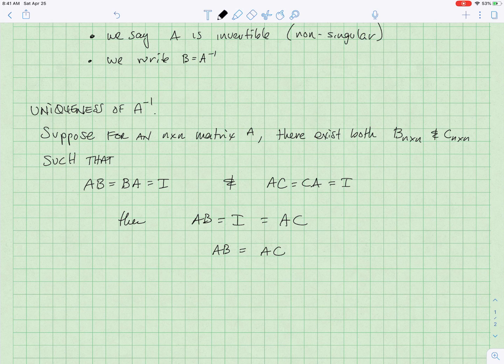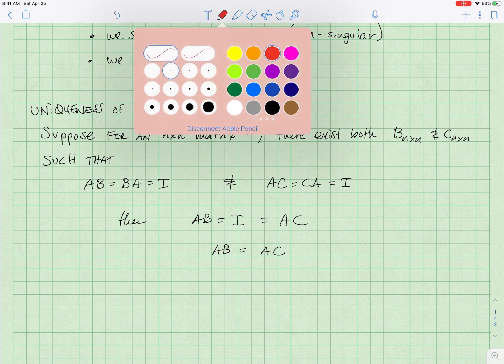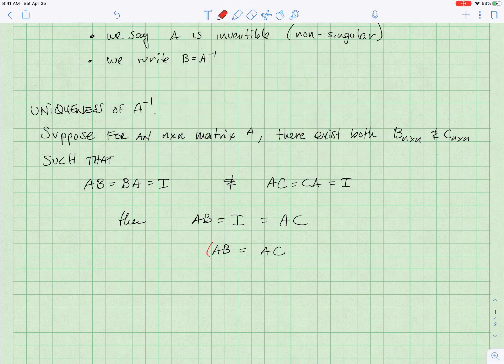Now, if AB is equal to AC, then I can multiply both sides of the equation by any matrix for which the multiplication is defined. And don't forget that A is n by n, B is n by n, and C is n by n. So the multiplication is defined in any order. Now, if I take B and multiply both sides of the equation on the left by B, I could have chosen C. It didn't matter.